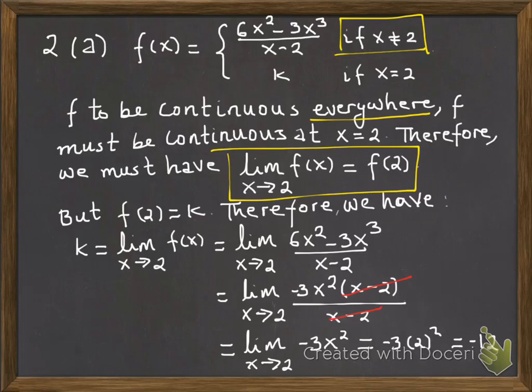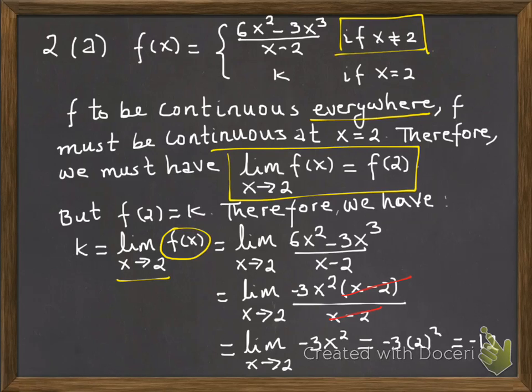So f of 2 is k, it is already given. So therefore, k must be the limit of f of x. But what is this function when x approaches 2? X approaches 2 means x is different from 2. When x is different from 2, the value of the function f of x is this one.